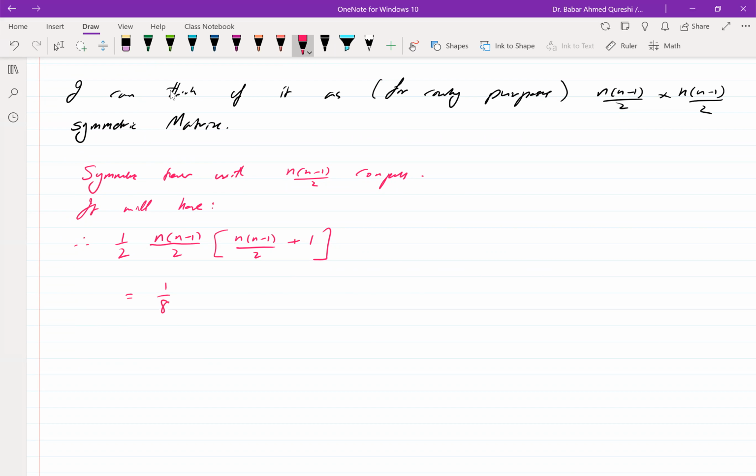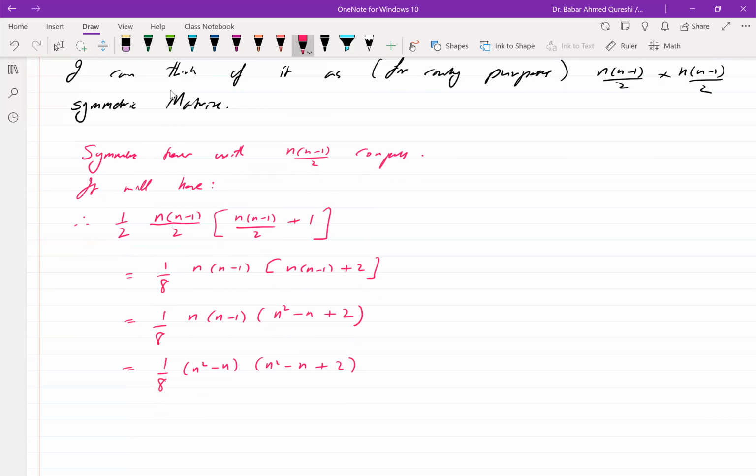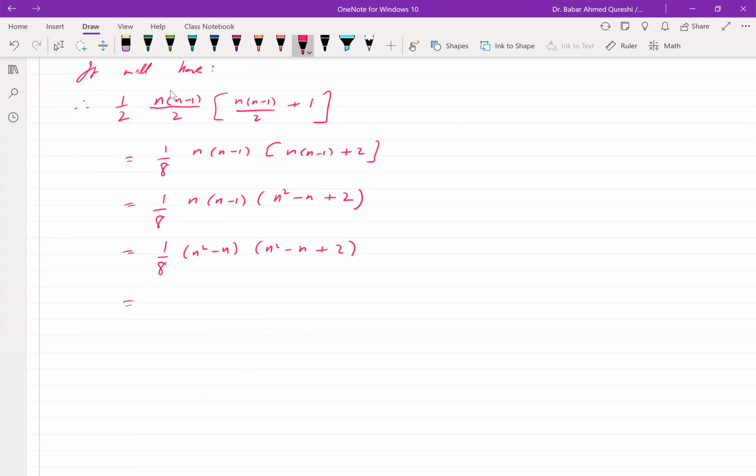So I get 1/8 n(n-1), n(n-1) plus 2. This thing is n squared minus n, times n squared minus n plus 2.